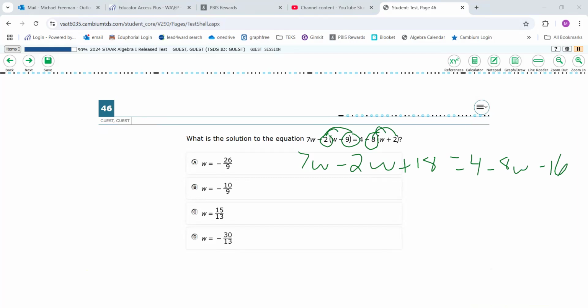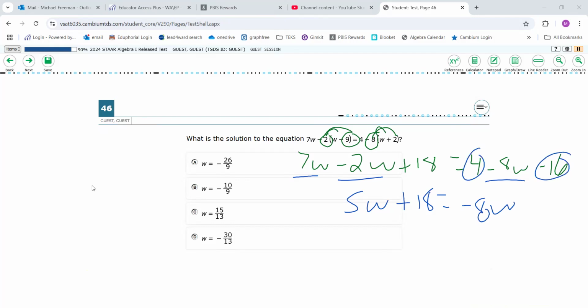So now I need to simplify each side. I combine my like terms. 7w minus 2w is 5w plus 18. And over here, I only have one variable part, minus 8w, but I have two constants, 4 minus 16. Well, negatives are ahead by 12.